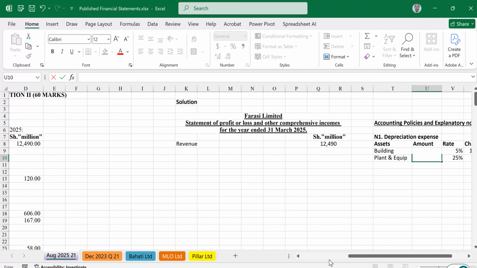We can start by putting the cost, then accumulated depreciation. So 372, 167.